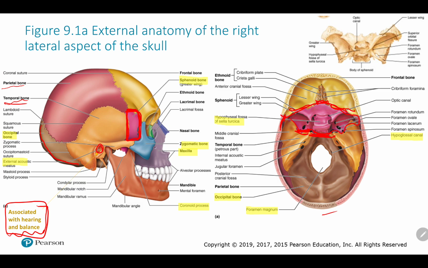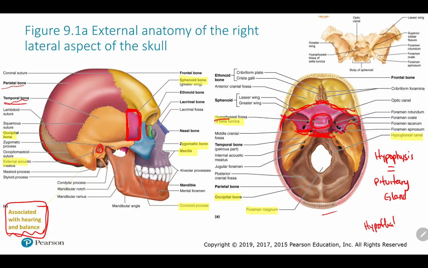Now, within this sphenoid bone, you have the hypophyseal fossa of the sella turcica. This is like a little depression, and what sits in there is the hypophysis. That's where this hypophyseal comes from. The hypophysis, like we mentioned, is the pituitary gland. We'll talk about it more, but remember the pituitary gland is important for hormone production, and even more so the hypothalamus.